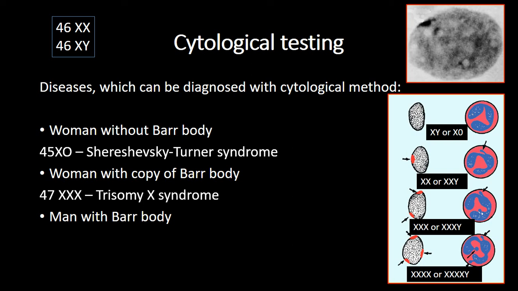We think that the man in the normal has no Barr body, but what does it mean when the man has a Barr body? The genetic formula will be 37XXY, and this syndrome is called Klinefelter syndrome.